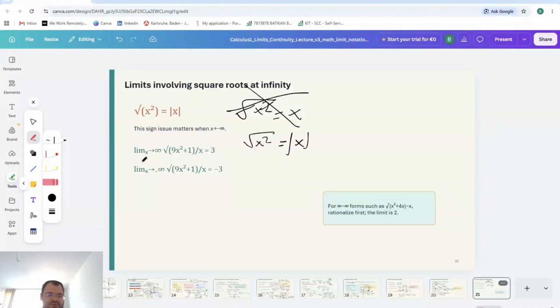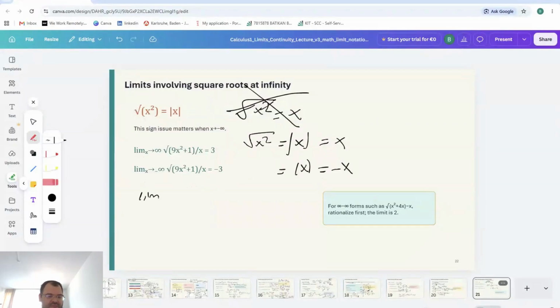That's why the sign of x matters. For x greater than 0, when x goes to infinity, this behaves just like x. For values smaller than 0, the absolute value of x behaves like minus x. That's why the sign matters.